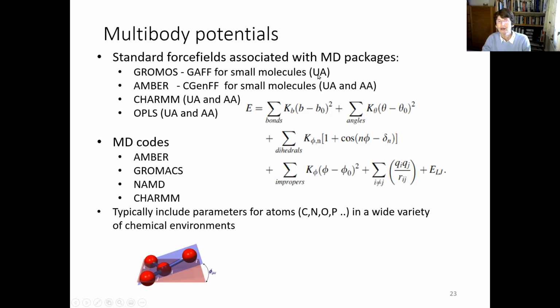Here I've said UA and AA. UA means united atom. Some of these potentials never include hydrogen explicitly. They always add their hydrogen either to a carbon or to a nitrogen. That's what united atom means.